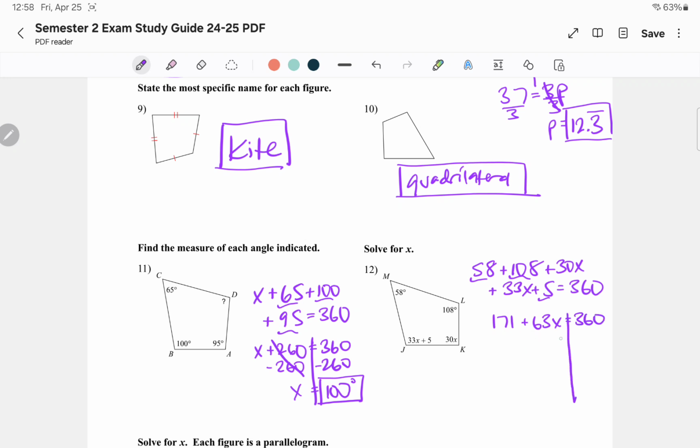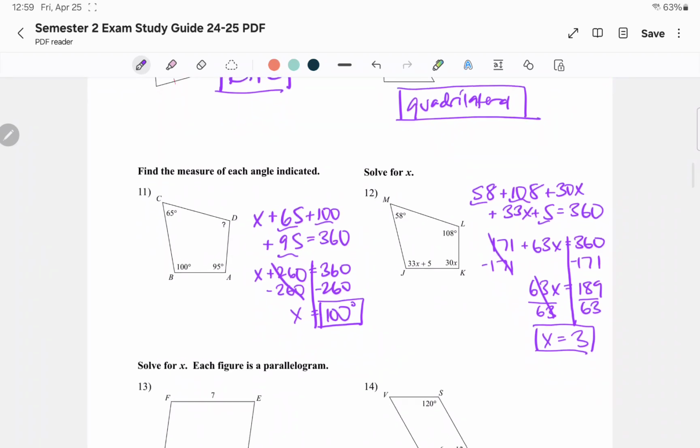Now I want to solve for x, so I'm going to subtract 171. I get 63x is equal to 360 minus 171, which is 189. And I can divide both sides by 63. And when I do that, I get x is equal to 3.